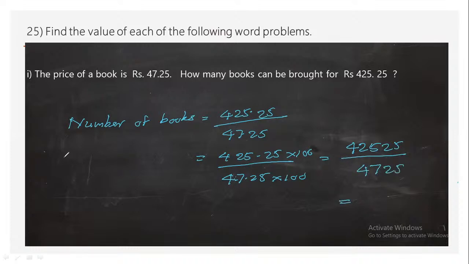If you follow the long division, you will get the answer 9. In a situation like this, you can follow the long division. You can simplify over the line and below the line as much as possible, then after that follow the long division.